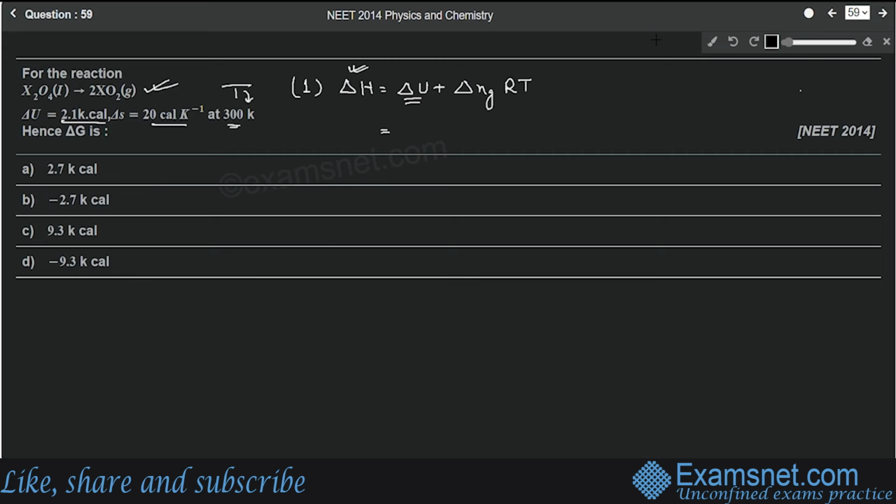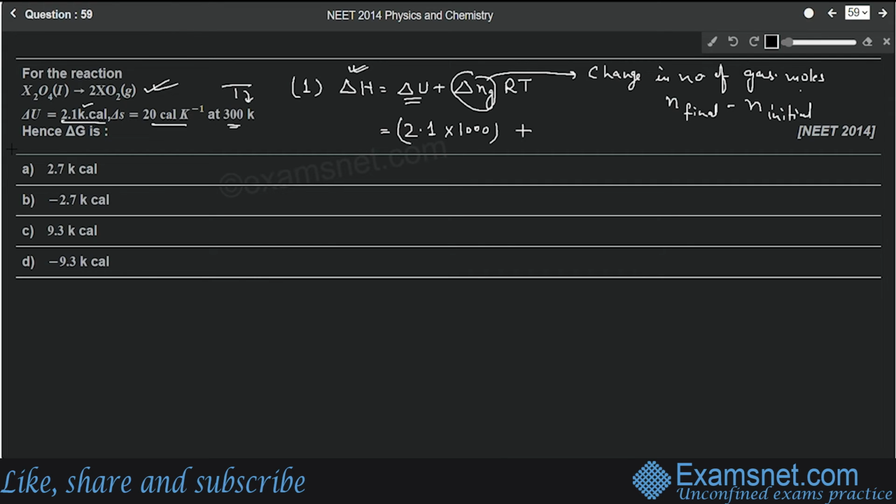Delta U, that means change in internal energy, it is given in the question 2.1 kilocalorie. So it can be written as 2.1 into 1000 calorie. Okay, plus delta NgRT. So delta Ng means change in number of gaseous moles. That means number of moles on the product side or final number of moles minus number of moles on the reactant side, that is initial number of moles. Okay, and we are talking about the gaseous moles. So on the product side we have 2 moles of XO2.